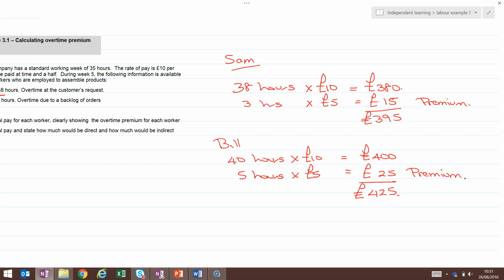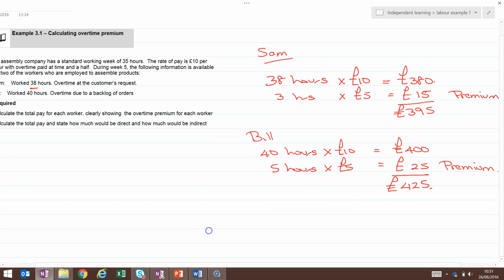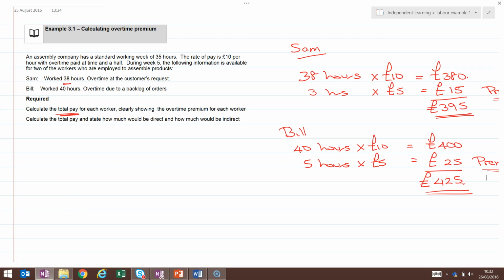So we've now completed the first part of the question. It said to calculate the total pay for each worker. And we've done that. Clearly show the overtime premium for each worker. We've done that. We've got the premium for Sam, the premium for Bill. We're then asked to calculate the total pay.